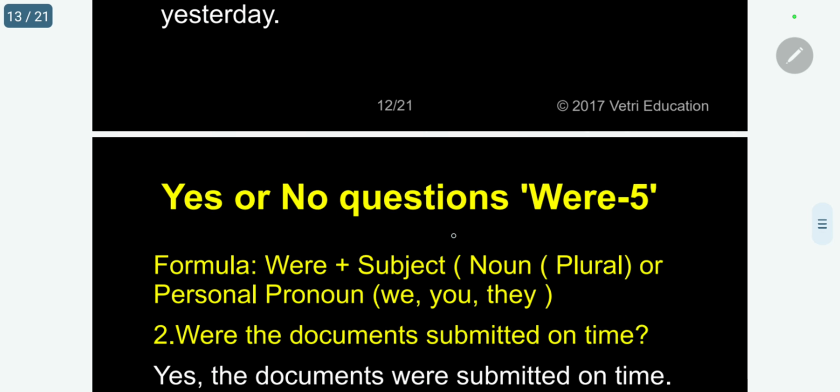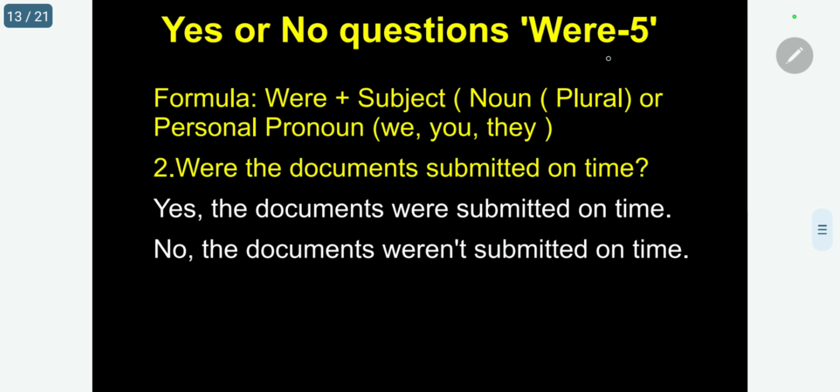Please follow. The second question: Were the documents submitted on time? Yes, if it is positive. Yes, the documents were submitted on time. Please follow here. In the question we have "were", in the answer also we have "were".